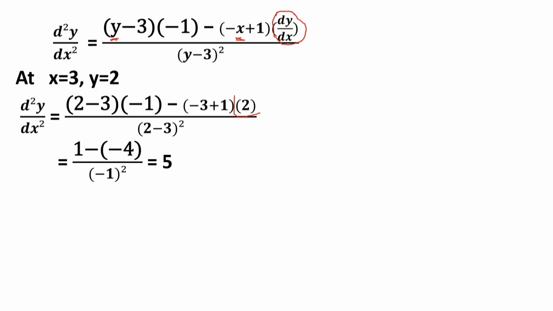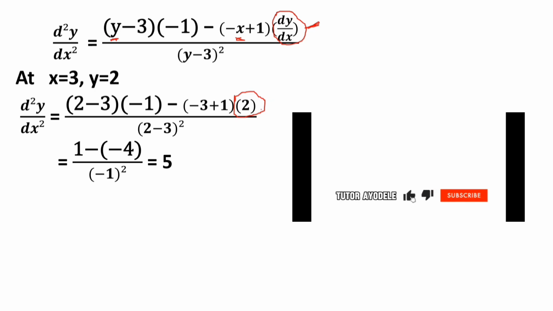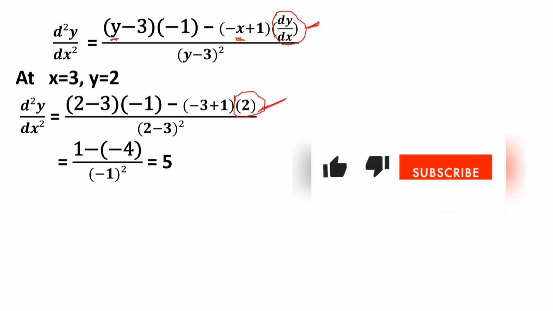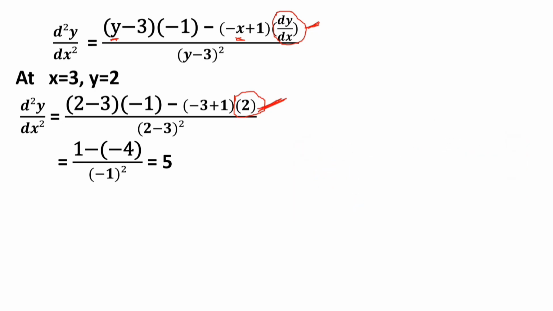Our answer was 2. So that is how you can see 2 here. We have replaced this dy/dx with 2. So if I then replace x and y with their condition given here, this is what we have as the final answer for the d squared y over dx squared.